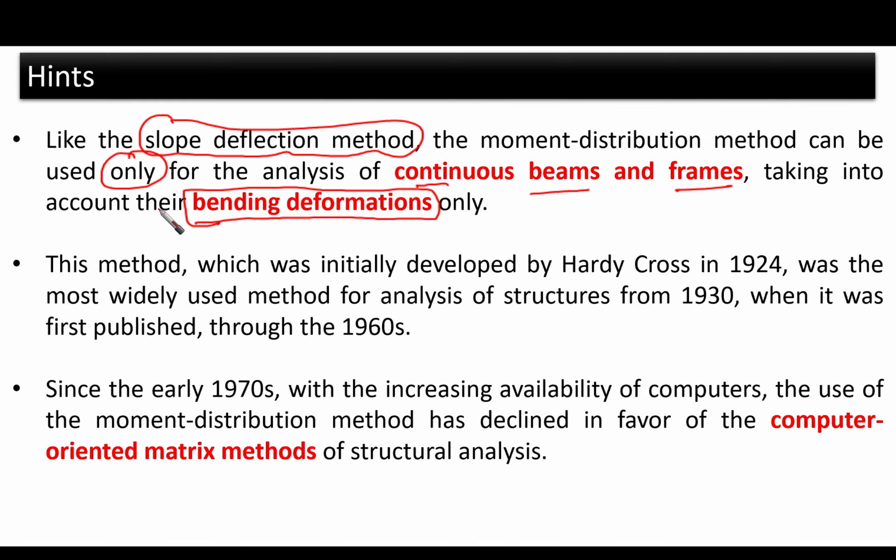So we need to keep in mind that the method is only suitable for continuous beams and frames. What is the reason for this? Because it deals with bending deformations, or flexural strains, primarily. So this is why we are using it in continuous beams and frames.